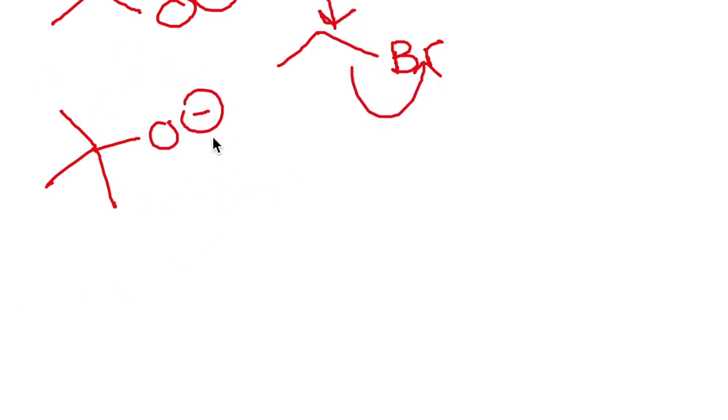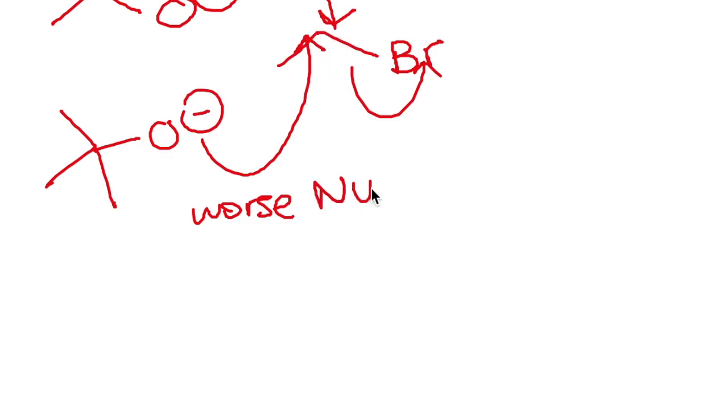And the same will happen here with your tert-butoxide. However, because this molecule has become so big, it is difficult for it to reach that electrophile. Because of that, this molecule will be a worse nucleophile than this one right here. So this one is a better nucleophile and this one is a worse nucleophile because of that steric hindrance that doesn't allow it to reach the electrophile, right?